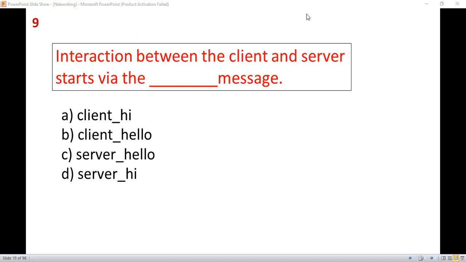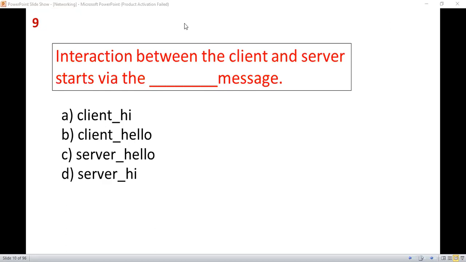Okay. See, when we are going to start the interaction between client and server, firstly the client needs to send a message to the server. After that, we can assume we will get some response from the server.